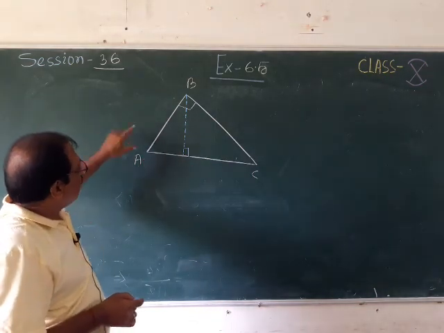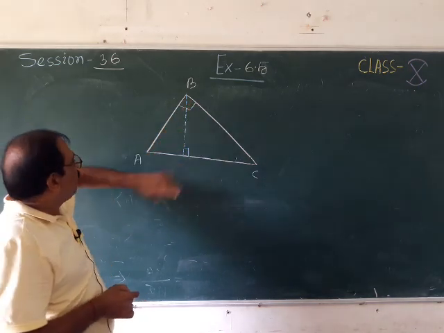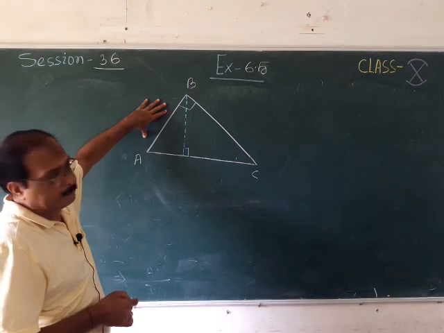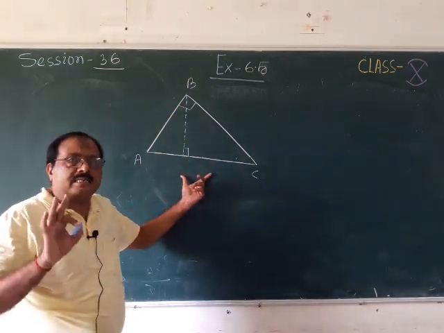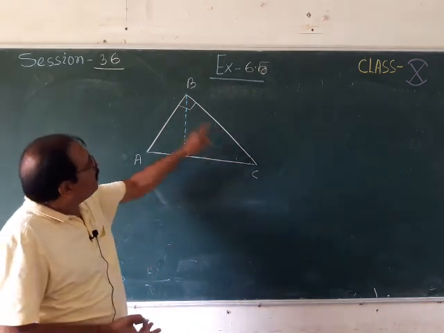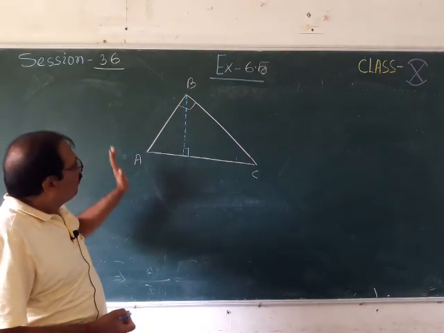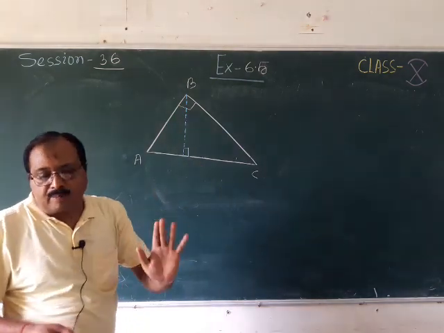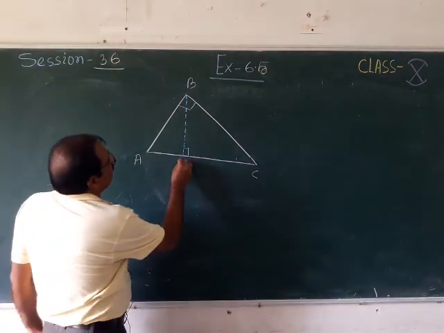As you are aware, in this right angle triangle, if angle B is a right angle, that means AB may be the base, BC may be the perpendicular and AC is the hypotenuse. It's your choice if you treat BC as base and AB as perpendicular, but AC will always be the hypotenuse. Suppose the name of this point is D.